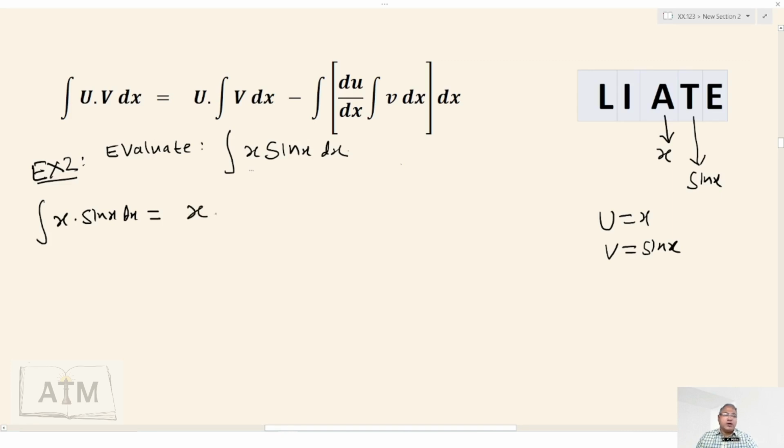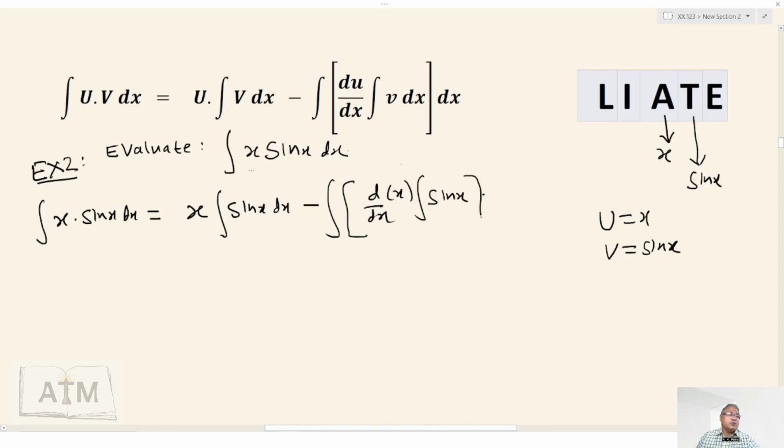U is nothing but x, integration of v is nothing but sin x, minus integration of the box: derivative of u, that is derivative of x with respect to x, integration of v, that is sin x, box is over, and outside the box also dx.